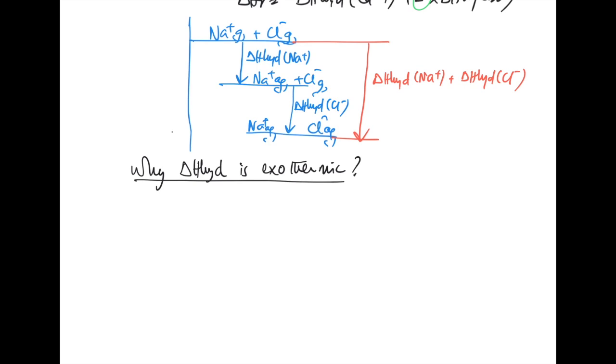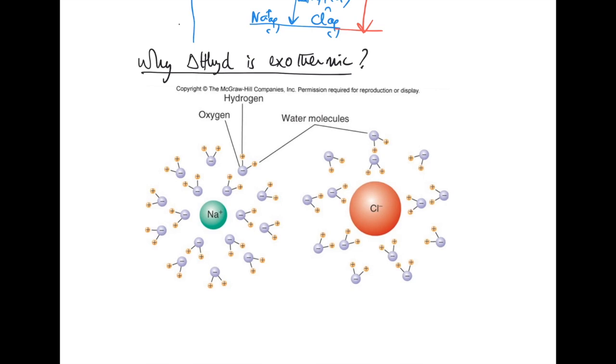Now the question is, why is enthalpy of hydration exothermic? Let's see a diagram. Can you see that if I dissolve a gaseous sodium ion and a gaseous chloride ion, sodium ion and water form ion dipole attractions, whereas chloride ion and H positive form ion dipole attractions.